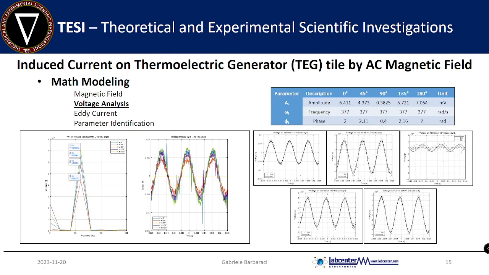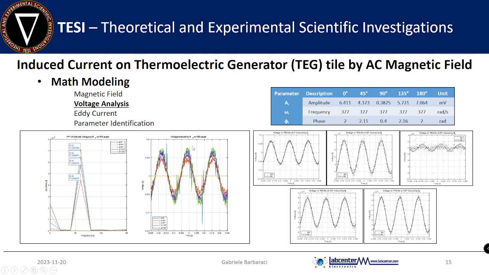All right, now we have to carry out the most important things. We had to adapt the signal voltage by having a different angular position of the thermoelectric generator across the direction of the AC magnetic field. We have seen that by rotating the thermoelectric generator, we have discovered a different voltage amplitude that can be summarized here in this diagram with a different color.